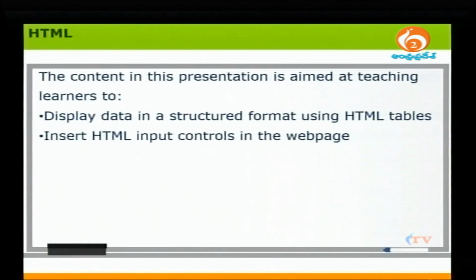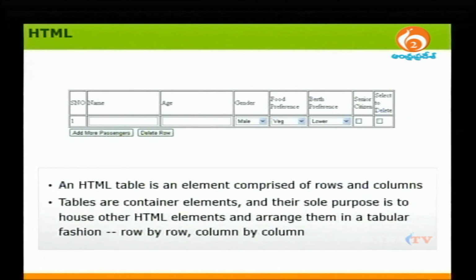Now let's see here. First of all, this is how your HTML document is. An HTML table is an element comprised of rows and columns. Pretty important thing, please note it down.